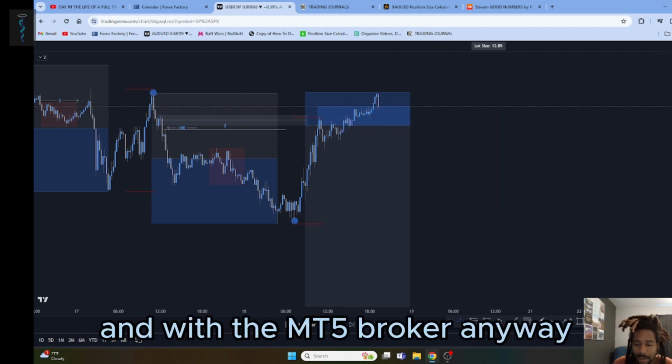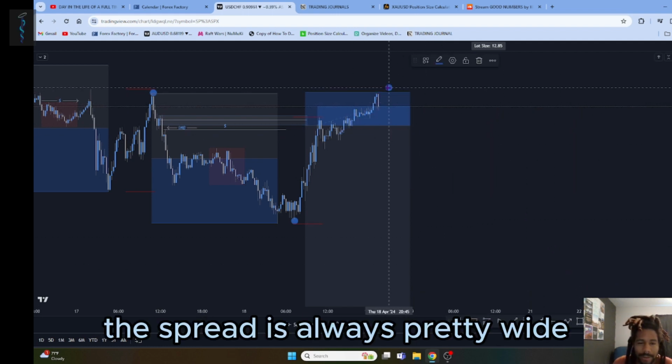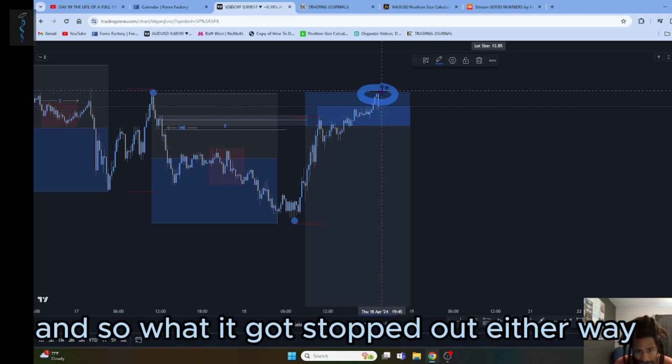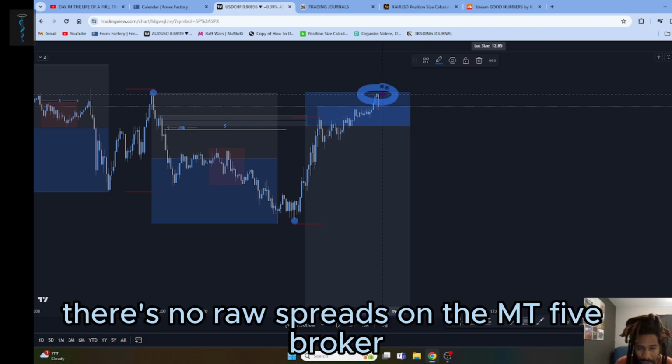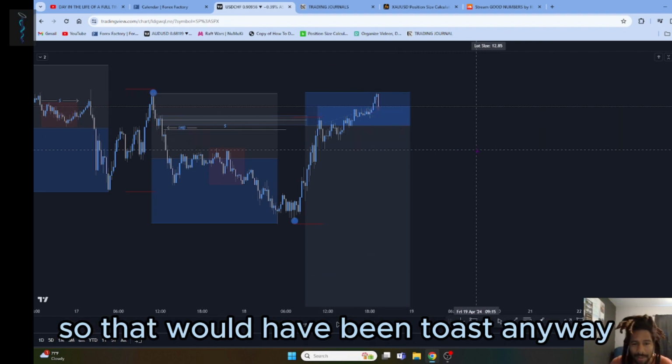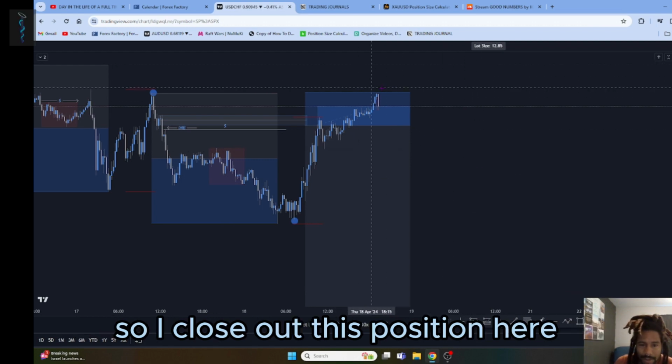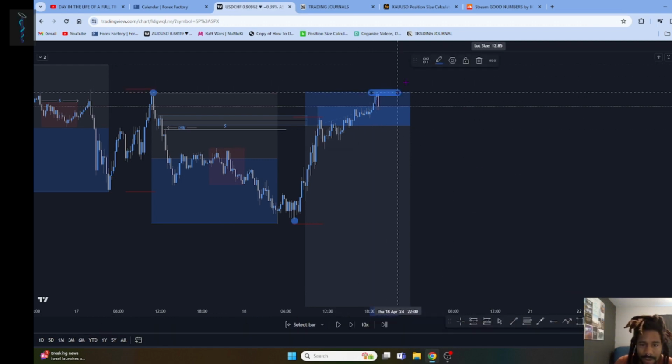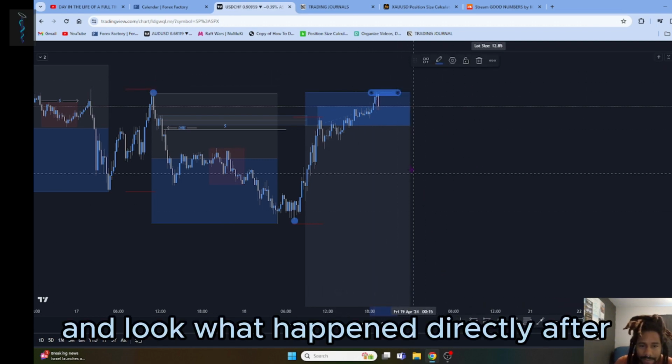With the MT5 broker anyway, the spread is always pretty wide, so I would have got stopped out either way. There are no raw spreads on the MT5 broker, so that would have been toast anyway. So I closed out this position here, and look what happened directly after.